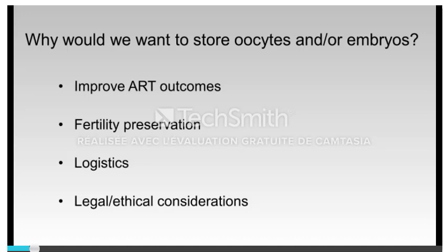Increasingly, we're using cryopreservation in the ever-growing area of fertility preservation. It has important roles to play in a lot of the logistics of how we run our programs nowadays. And also, of course, it brings into play a number of legal and ethical considerations, and sometimes may allow us to circumvent some of the problems associated with that. So I'll take those one by one.